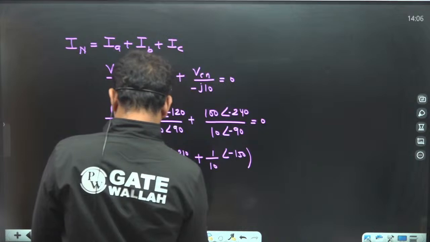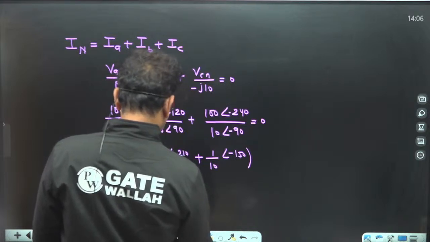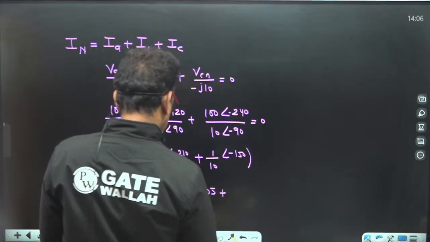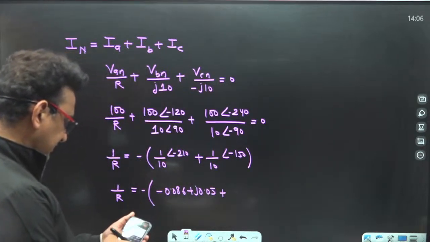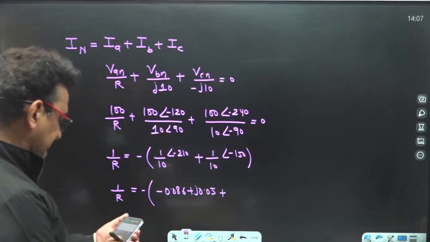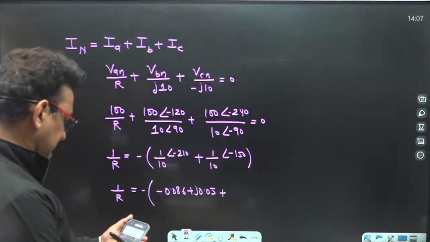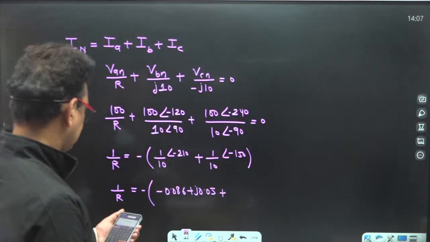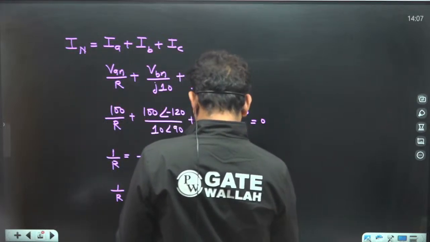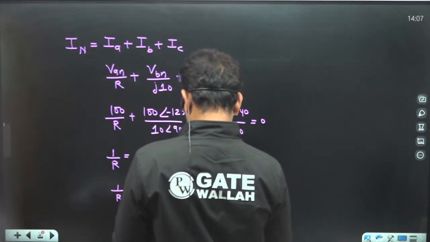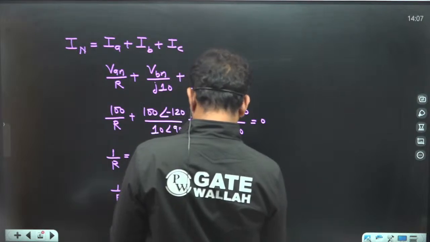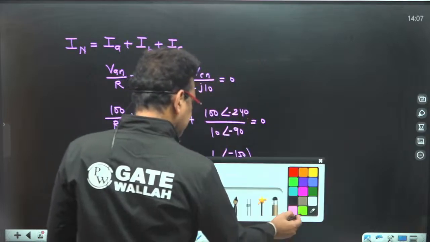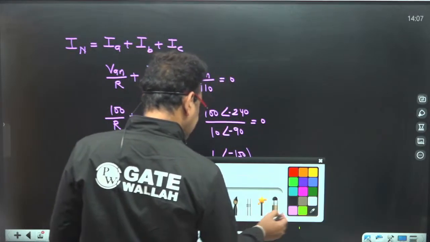It is minus 0.086 plus j0.05. Now 0.1 angle of minus 150 is minus 0.086 minus j0.05. So the 0.05 will cancel out.